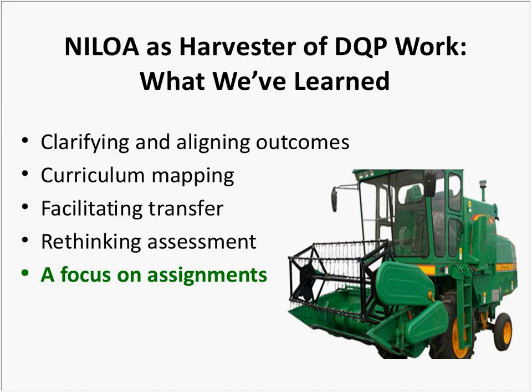But what's interesting to me in this harvesting effort is the last one on the list in beautiful John Deere green. Campuses that are creating or redesigning assignments to align more closely with DQP proficiencies. Not just DQP proficiencies, but also sometimes with tuning outcomes in the disciplines, and often with AAC&U's essential learning outcomes, and often with local institutional outcomes in view.